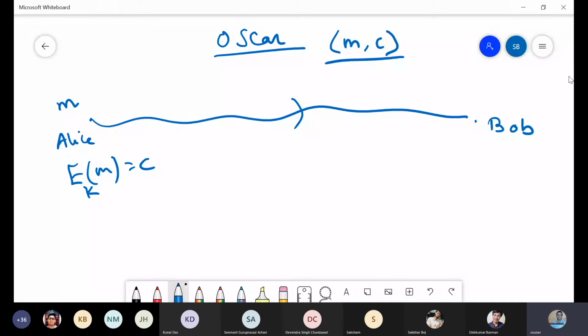How can Oscar mount an attack? Oscar does not have the key, but how many bits is the key? It is 56 bits. So what is the key space then?